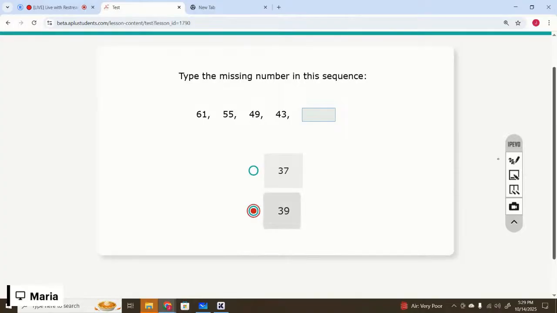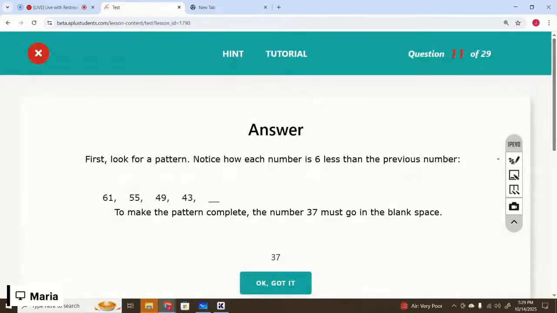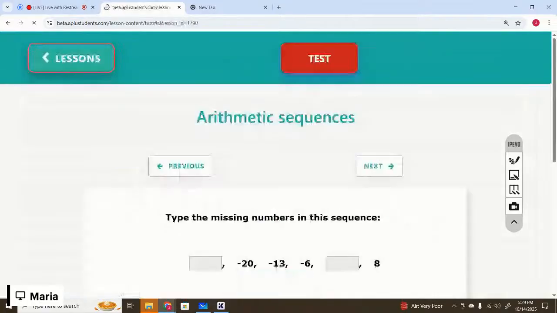Option number 2 is the correct option. Okay, you can complete the lesson by yourself later today. Let me just move on to next lesson.